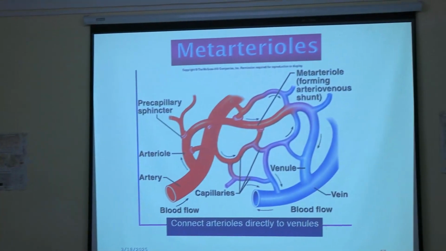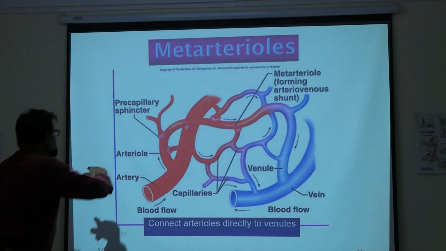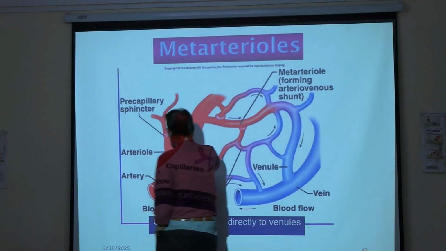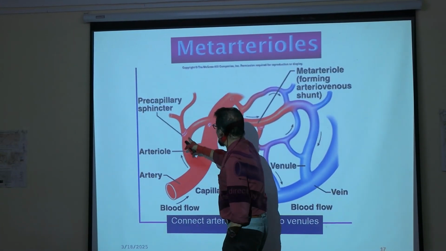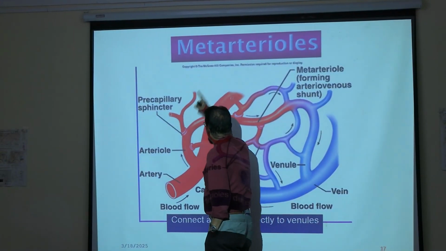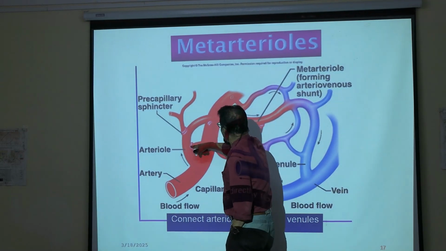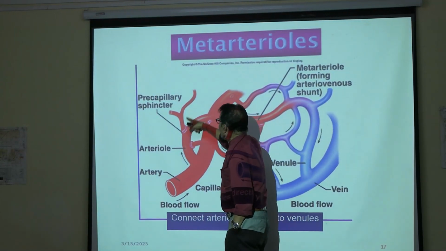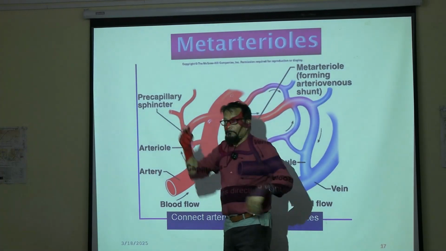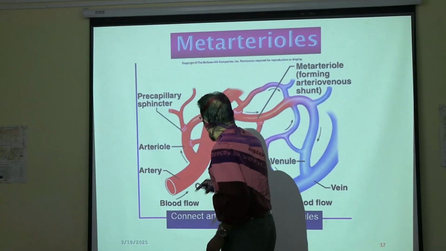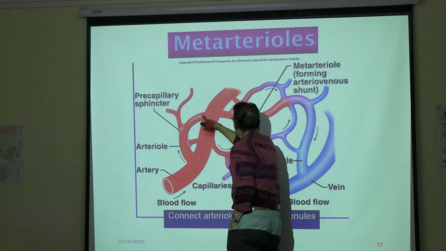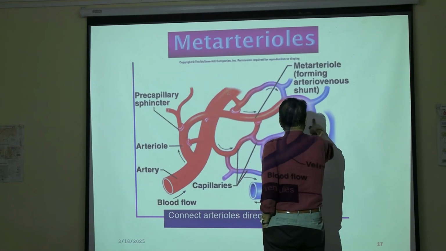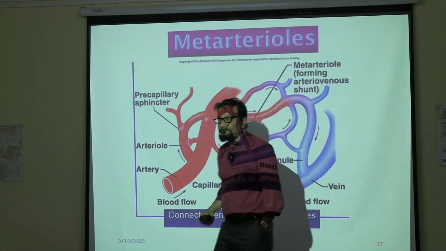Arterioles originate here. These are the precapillaries, from which the capillaries will be formed. The meta-arteriole is a branch of the arteriole that escapes the formation of capillaries. Now it has produced a branch, and this branch will directly connect to the venule.